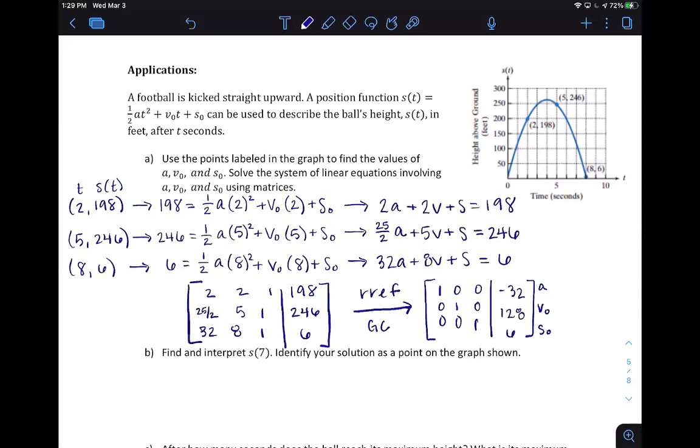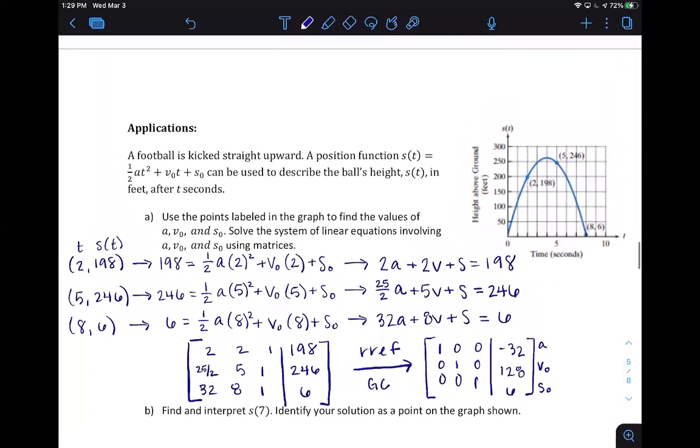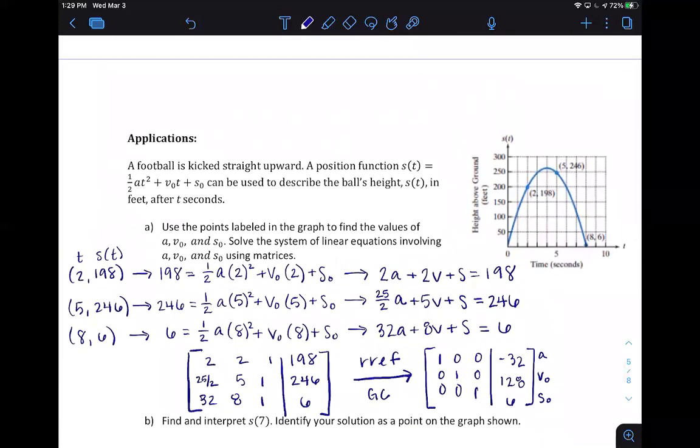All right. So I'm like out of room, so I'm going to write this up above. So if we plug this in now, we have 1/2 times -32 t squared plus 128t plus 6 equals our s of t, or our function.